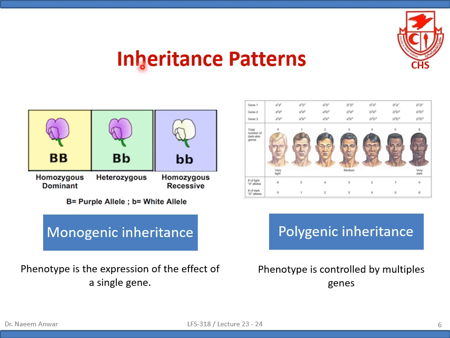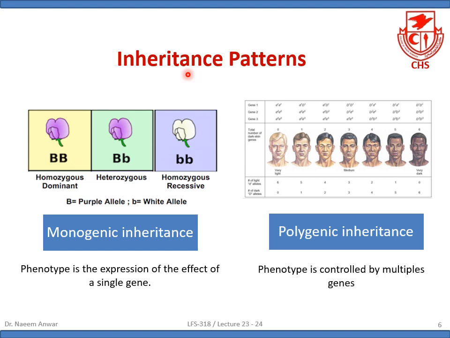Inheritance patterns could be monogenic or polygenic. Monogenic, mono means one, and poly means multiple. So monogenic means that the phenotype is the appearance or the result of the genetic material.